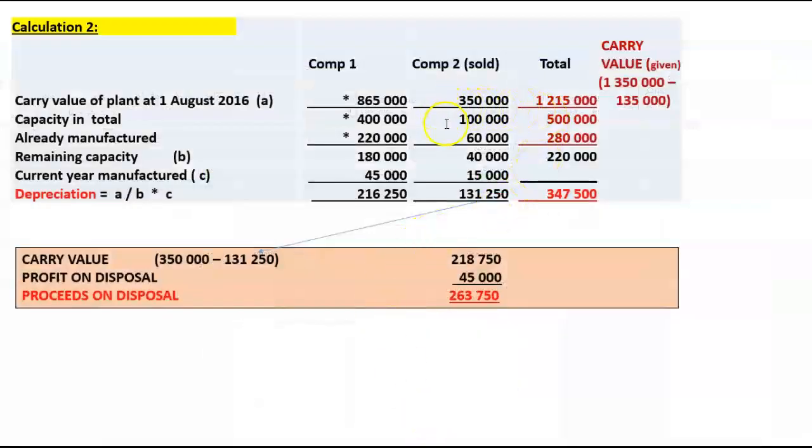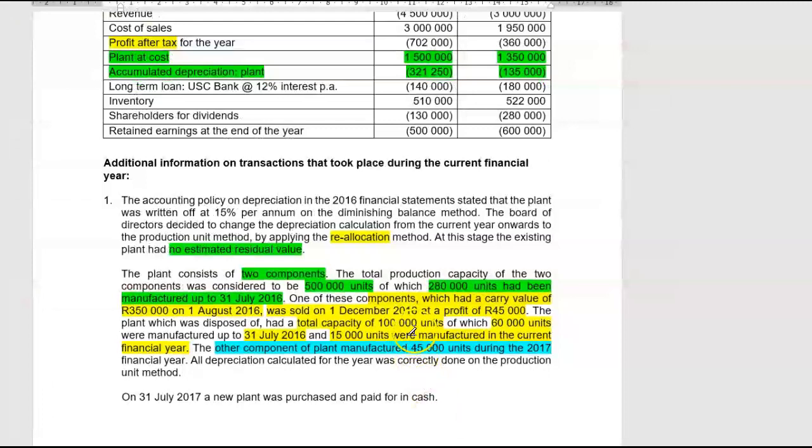Now, a capacity in total, 500,000. The one which was sold had a capacity of 100,000. So therefore, the other one had a capacity of 400,000. They said that this one, which had 100,000, 60,000 were manufactured up to 31 July.